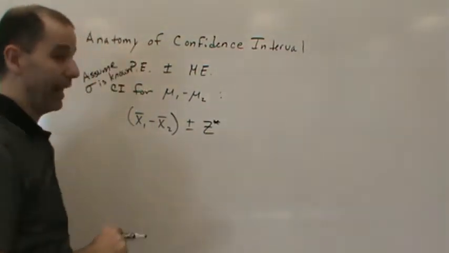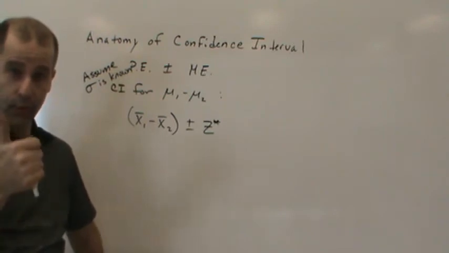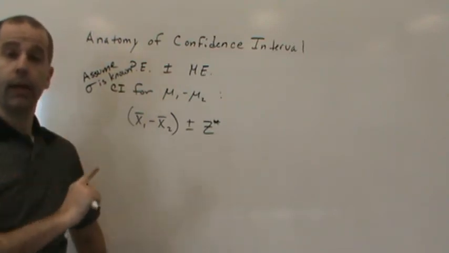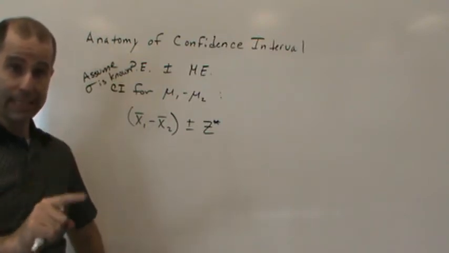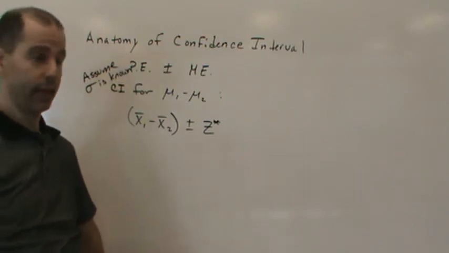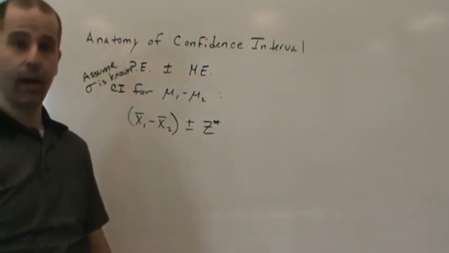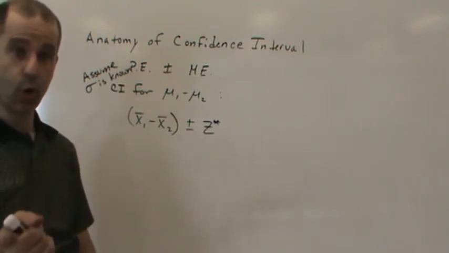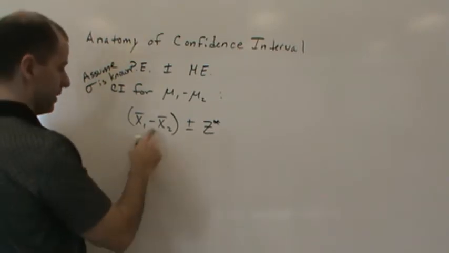Okay? So again, remember the assumptions. Either both populations are normal or the sample sizes for both samples have to be greater than or equal to 30. If that's the case, then we know the sampling distribution of x bar 1 minus x bar 2 is normal. Remember that's again from earlier talks on hypothesis testing.